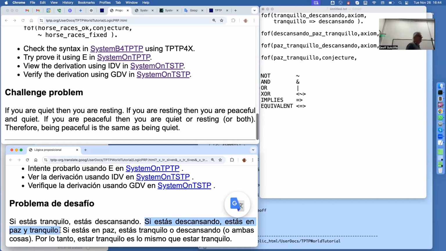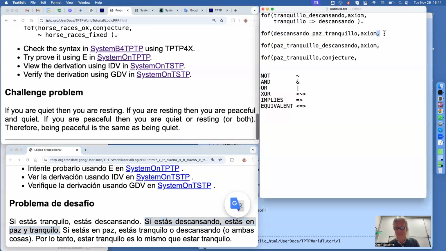It's this sentence, and we're going down to, what did you do for this one?